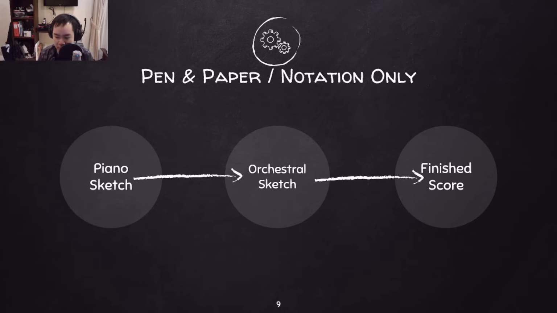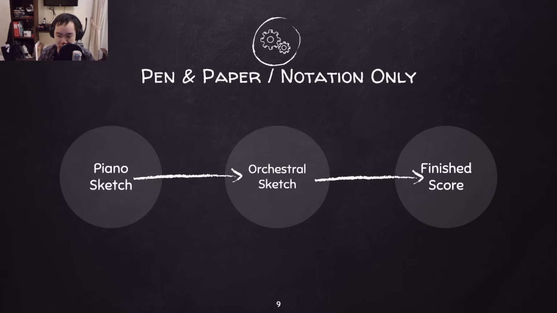When you write a note on paper, it can't magically play back. So typically a lot of these composers are really good pianists, and they'll just write a piano sketch, and as they're playing this sketch, they're composing, writing their ideas down onto the paper and creating this full piano sketch.